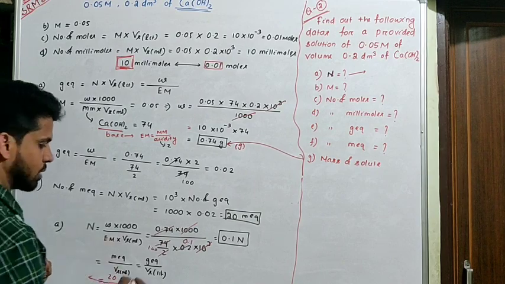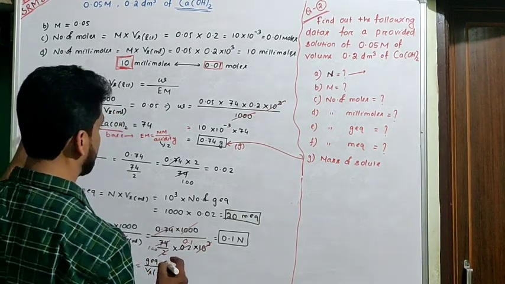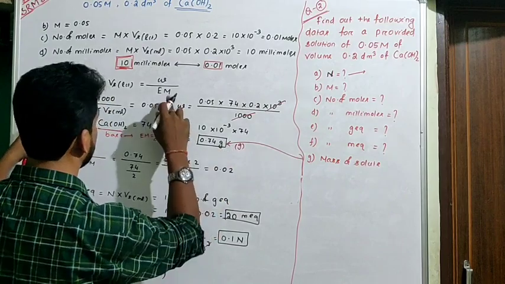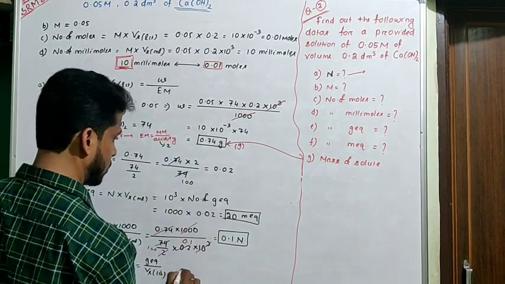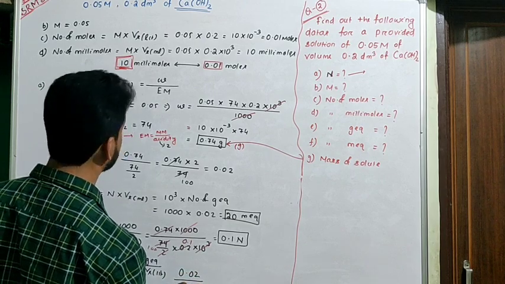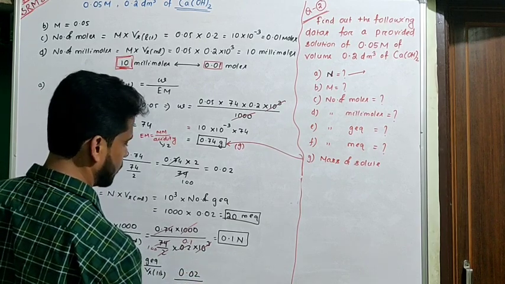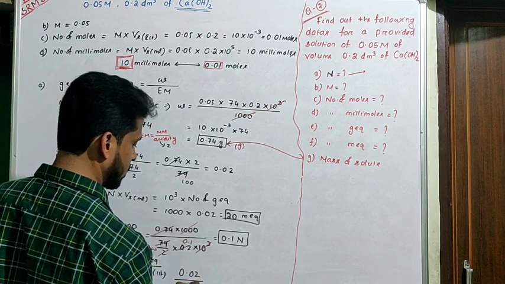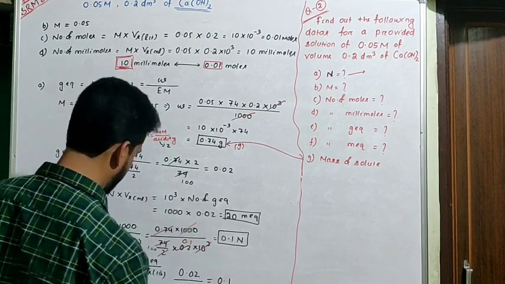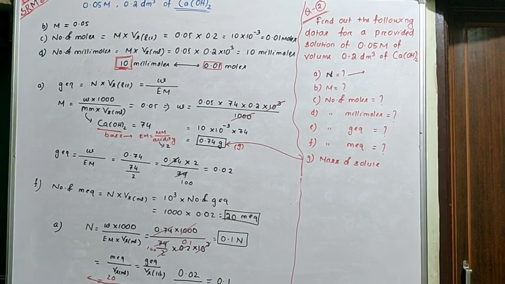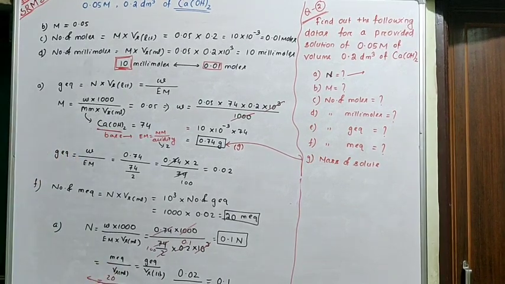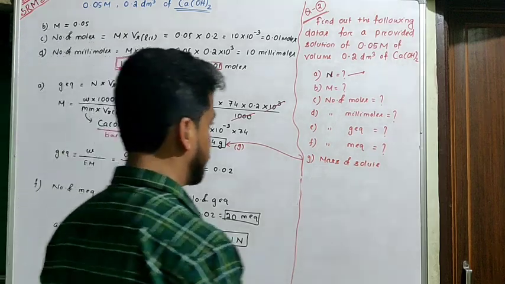Gram equivalent is 0.02, 0.02 by Vs liter 0.2, that is 0.1. Okay, same answer.